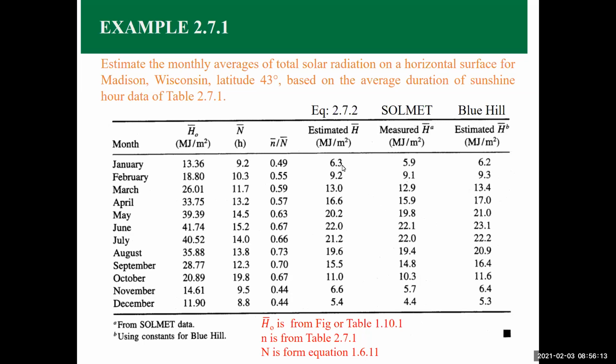Accordingly, some sort of a comparison between these values and these values will tell us that yes, you can do that. You do not definitely expect 100% accuracy of the data. If you say that I don't have the information of Wisconsin-Madison and I'm going to go for Blue Hill information and use it, you would use it, but you have to be cautious that it might not be exactly fitting the values that you have. There is some sort of differences between the values here and there.